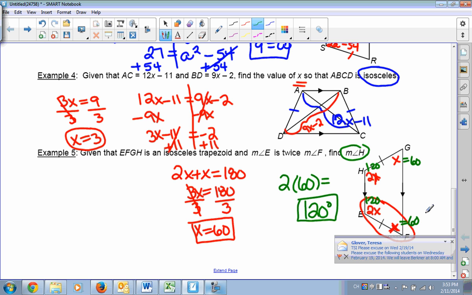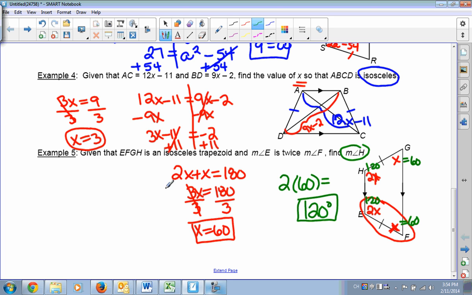So how many degrees are in all of the angles of a trapezoid? 360, because what kind of shape is it, really? No, it's not a parallelogram. What is the overall shape? Quadrilateral. 4 sides. All quadrilaterals have 4 sides, so they have how many degrees? 360.